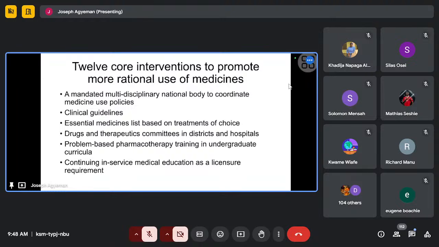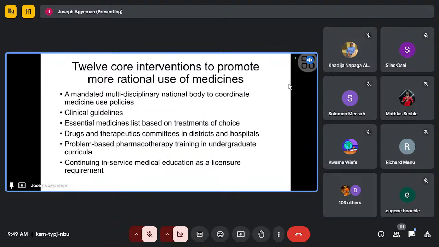And therefore, continuing in-service trainings, continuous professional development as licensure requirements can also help, especially when you are considering the prescribing and the dispensing aspects, those things that contribute to irrational drug use.